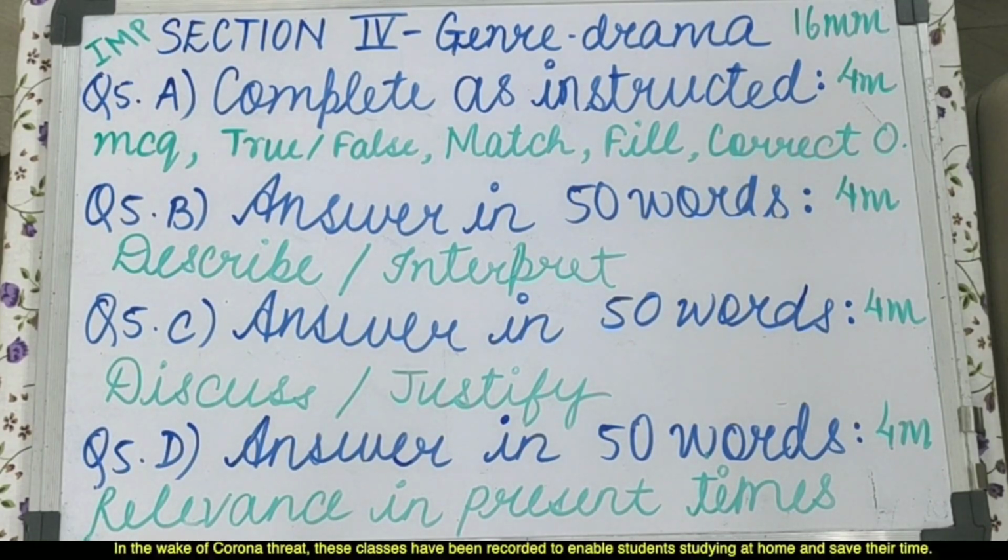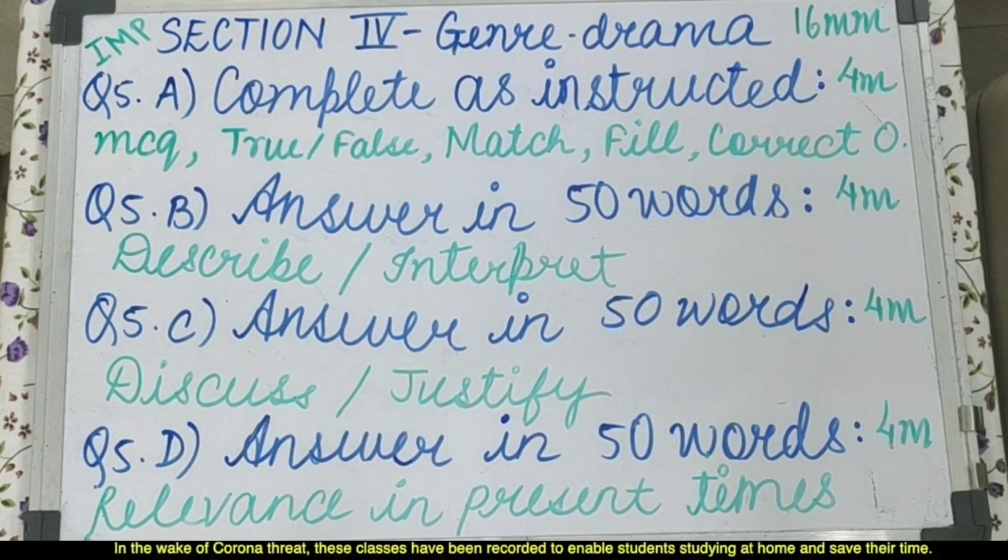Then next comes the last question of your paper, question number 5D. That is also answered in 50 words. That carries 4 marks. So you can be asked some questions from the novel and you need to explain its relevance in present times. Like something is given, that it originated from olden times.